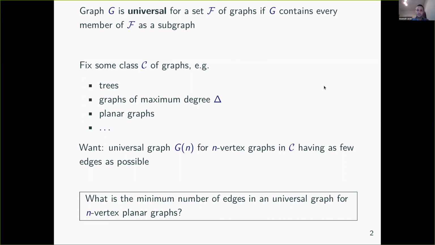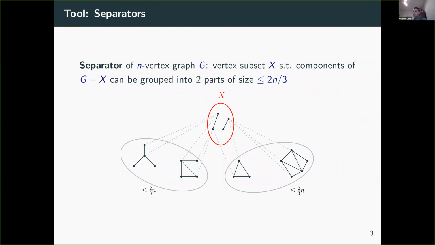So what are the basic tricks we can do in this area? Definitely, without any doubt, the main tool in this area is separators. So for the purpose of this talk, a separator of an n-vertex graph is a subset of vertices, so that when you remove it, you can arrange the connected components of what's left in two sets, say left and right, each of size at most 2/3 n.